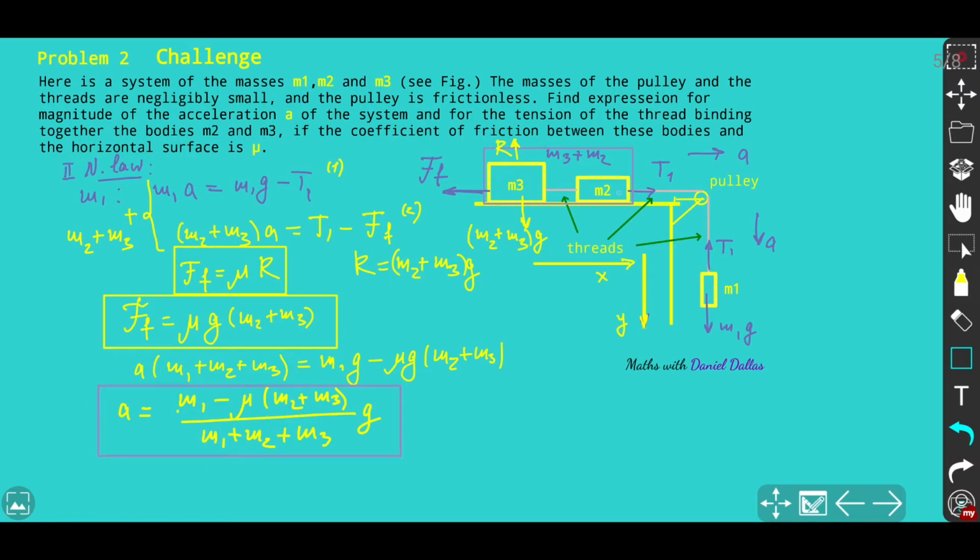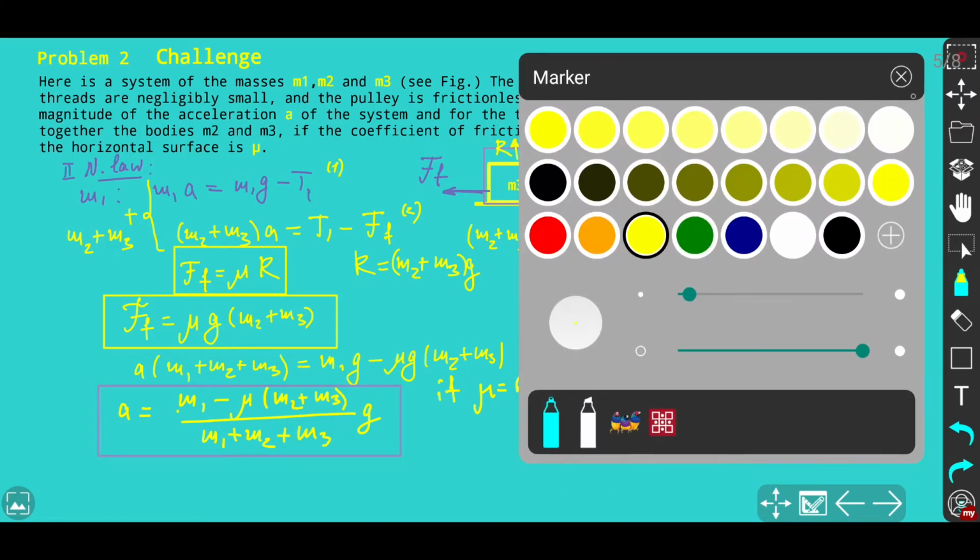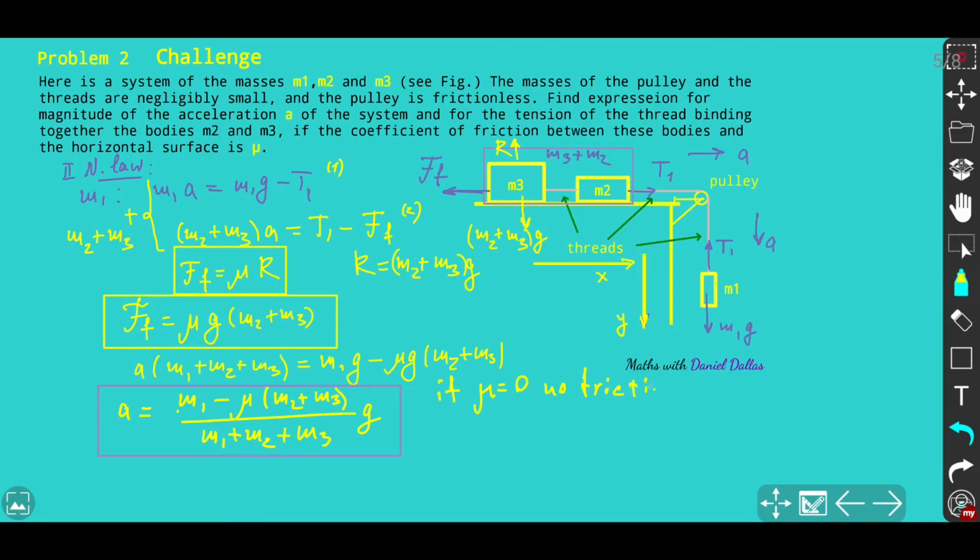So let's analyze. Let's assume that there is no friction, and provide some deeper analysis here. If mu is 0, meaning no friction, we will get acceleration equal to a portion where m1 represents the total mass.